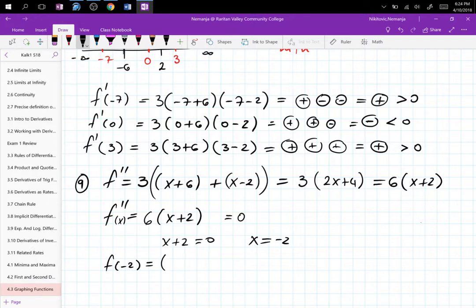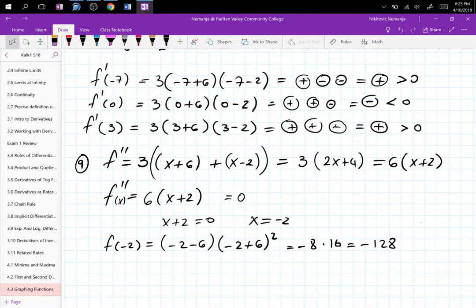So that's negative 2 minus 6 times negative 2 plus 6 squared. That's negative 8 times 4 squared, which is 16. So 8 times 16 is 128, negative 128. So we have the point negative 2, negative 128 as our inflection point.